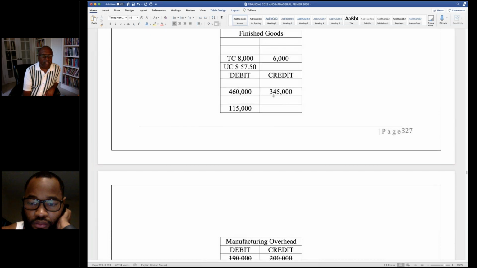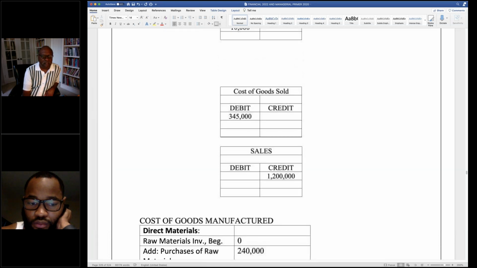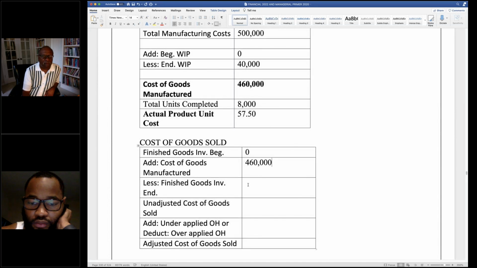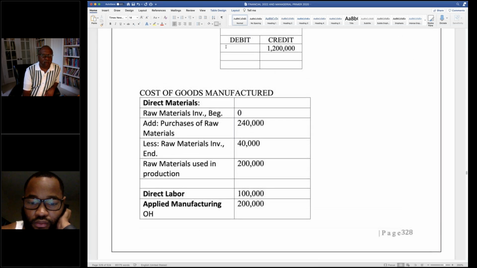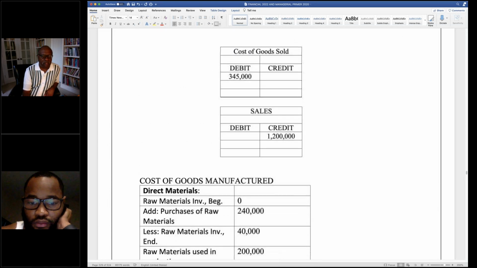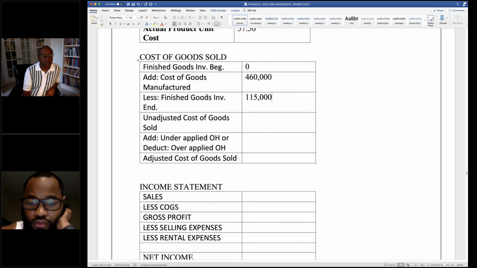And our finished goods ending inventory was what? 115,000. And so the unadjusted cost of goods sold was 345,000.